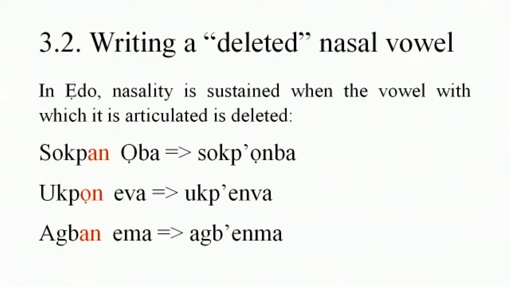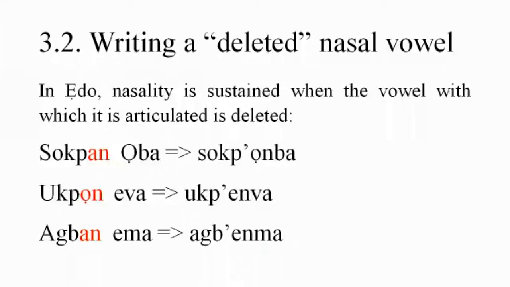Then you have upo, eva. Then you see A and O that are not there as inherent nasals. In this case, they acquire nasality. And that is why A, upo, eva, you now hear upo, eva. Then agban, ema, you hear agbema.